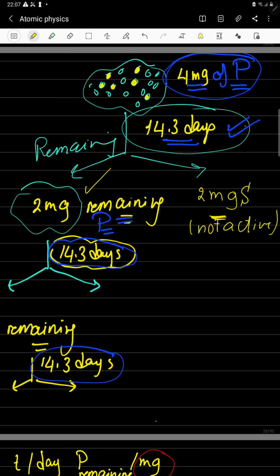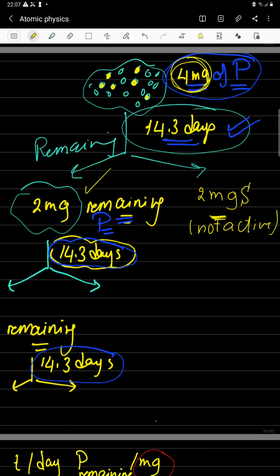This is the time taken by the phosphorus to lose half of its original activity. I had 4 milligrams of radioactive phosphorus. Now I have only 2 milligrams of radioactive phosphorus. So the activity is reduced by 50%. The activity is reduced to half its amount.